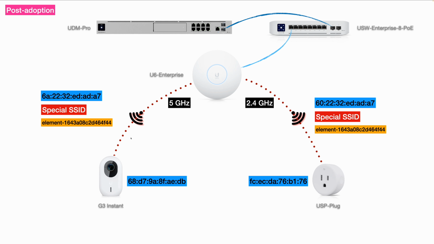And then to make it even worse, this internal element SSID is not just used for adoption, it's also used for future connection. The AP will open an SSID in a radio band. I don't want to broadcast anything, and the AP decides to do that anyway.